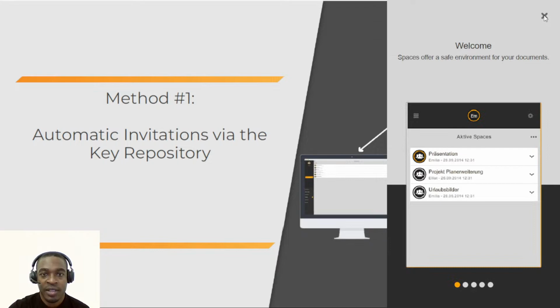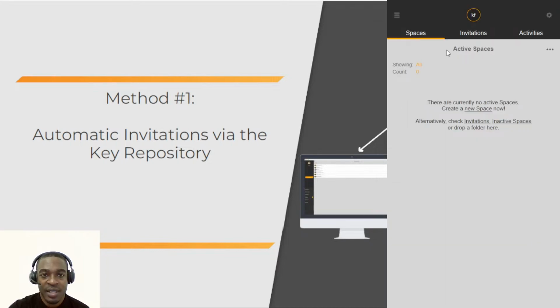Okay, so we are logged in, and as you can see, I have no active spaces. We call them automatic invitations, but they will not appear in the invitation section.